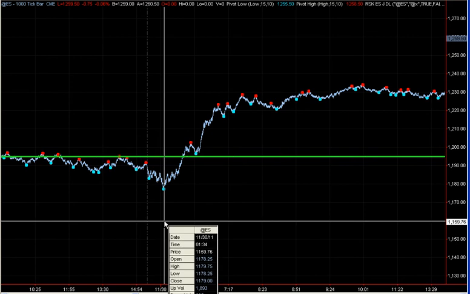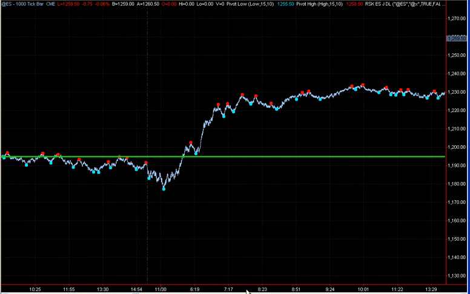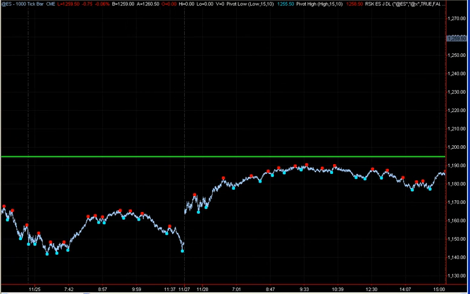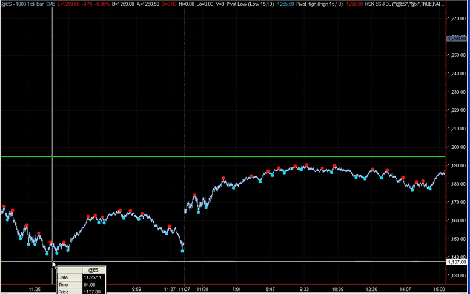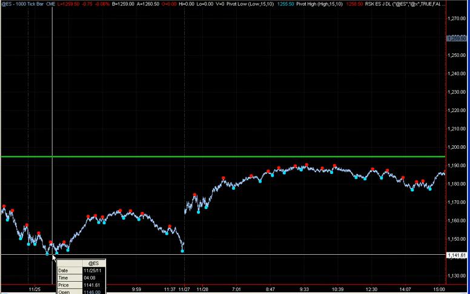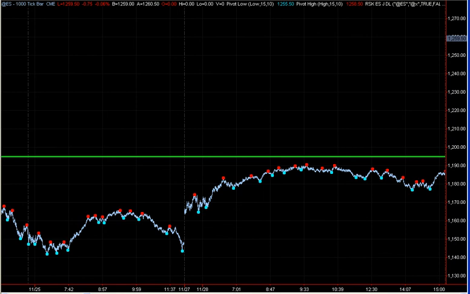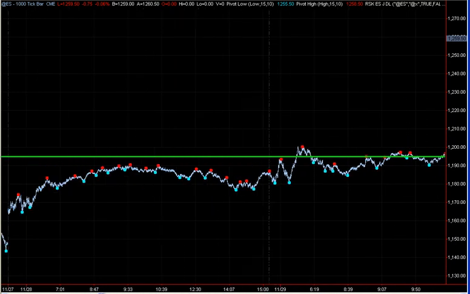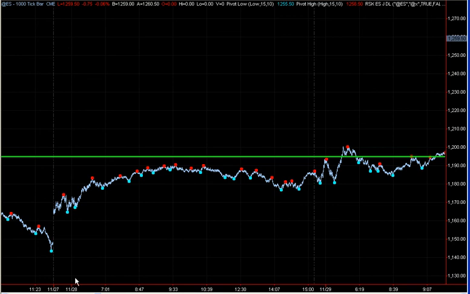Now let's see if there's any further gap information, and yes, there is. All right? We could go back all the way to 11:25, where the market had dropped even further. So what we need to do in order to determine if there's really any gaps is go back to the same period of time and see where the gaps occur.